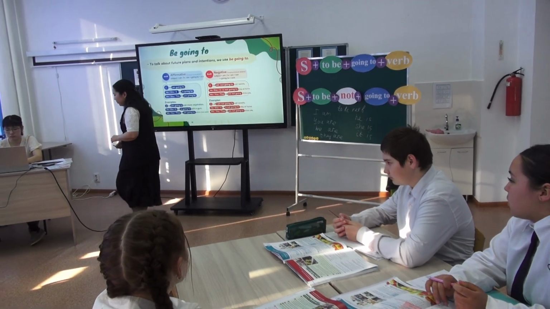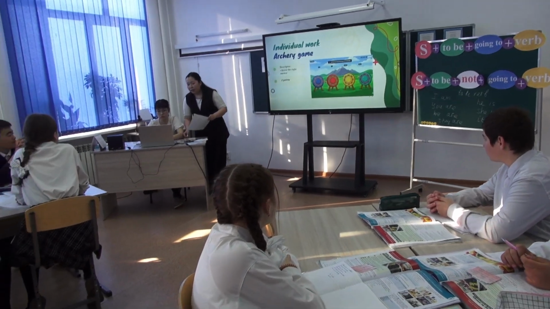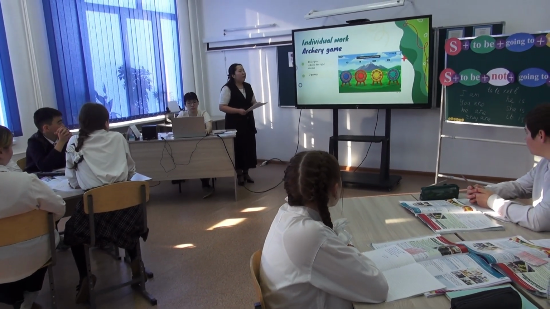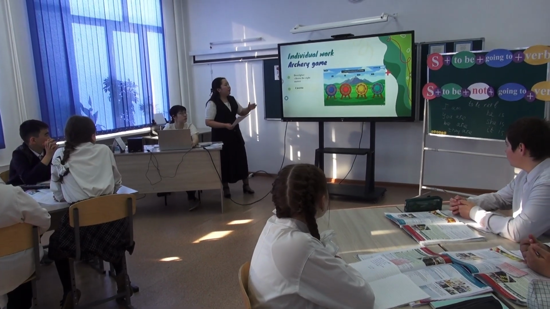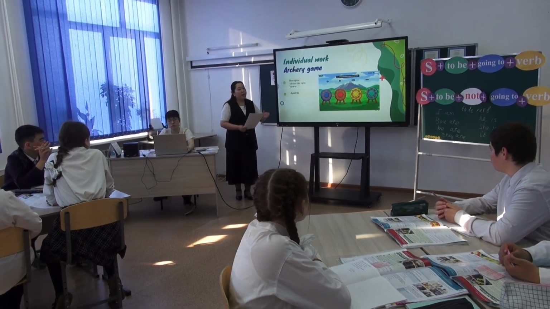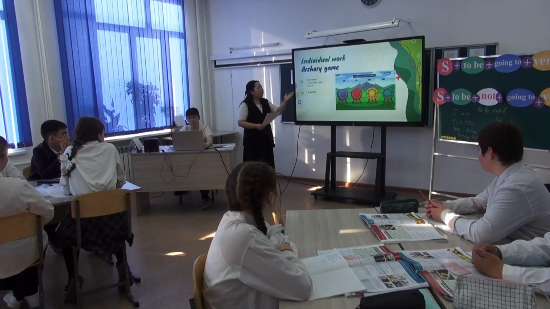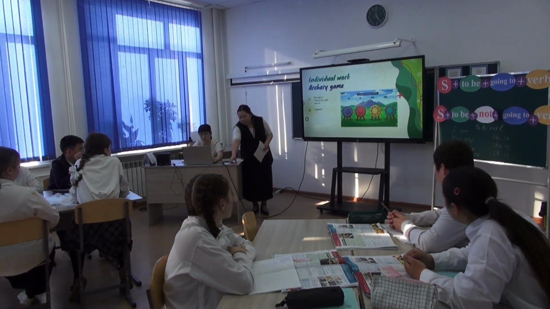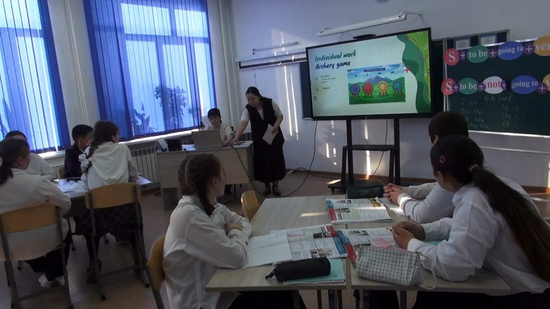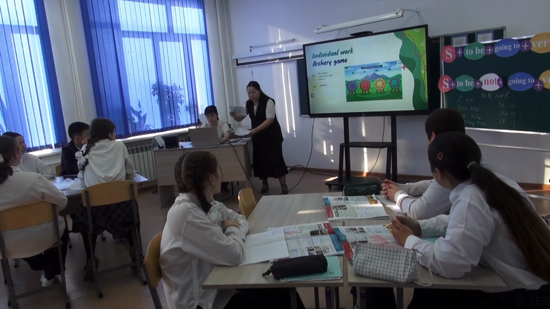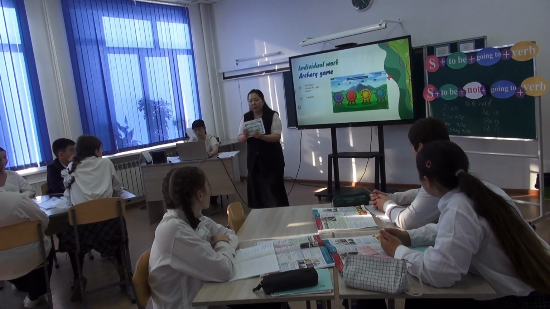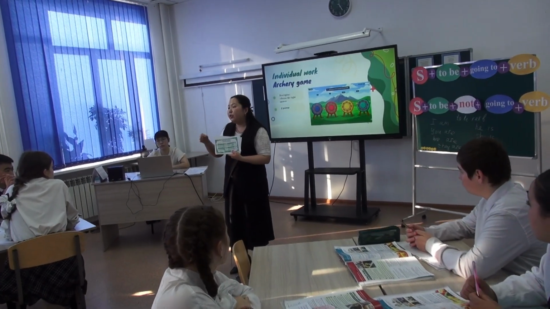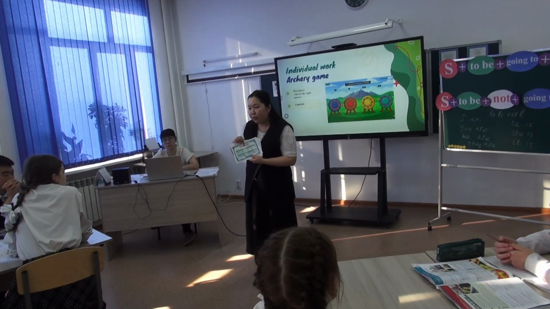So next, individual work, archery game. First of all, the descriptor for you. Choose the right answer and get 2 points. And first of all, I will give you an assessment. It is an assessment for you. So you put your scores in this paper, okay?